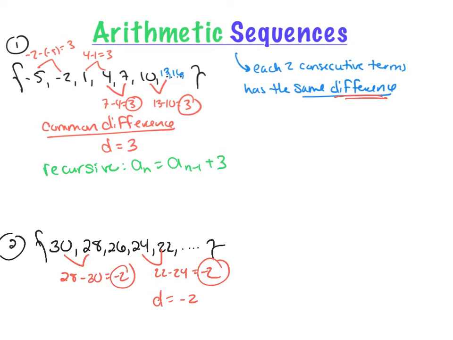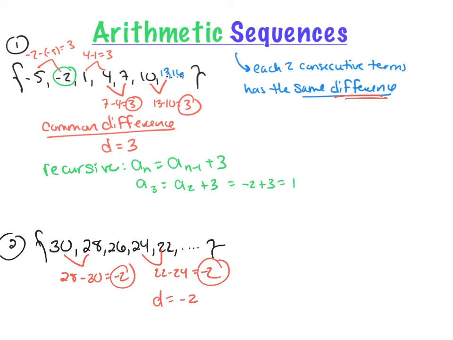So if you want, let's say, the third term, take your second term and add 3. Take -2 and add 3, and you'll get 1. You'll get your third term.